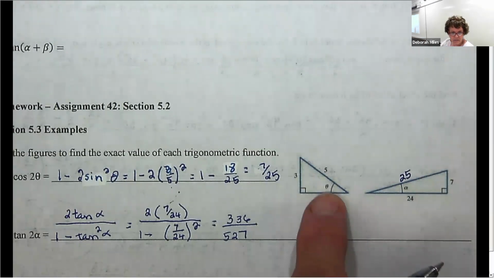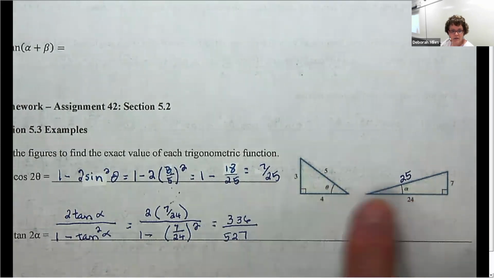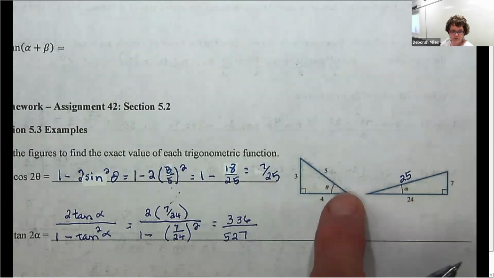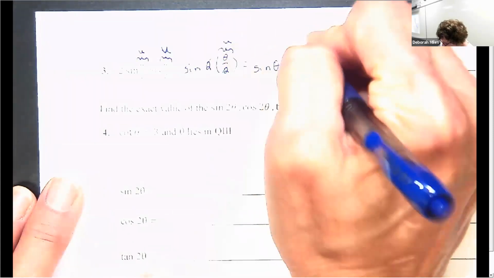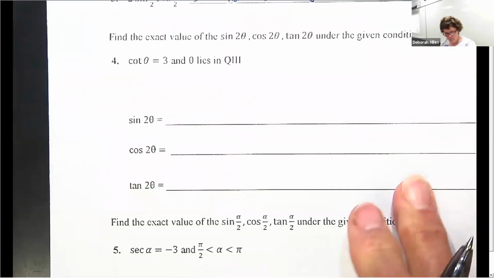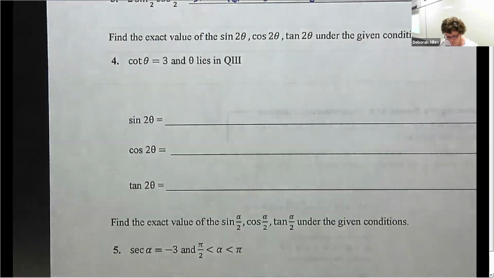Actually, we're using theta. We don't need that for alpha. We need sine of theta, which would be 3/5. I'm writing on too many different papers. Yeah, that's right.